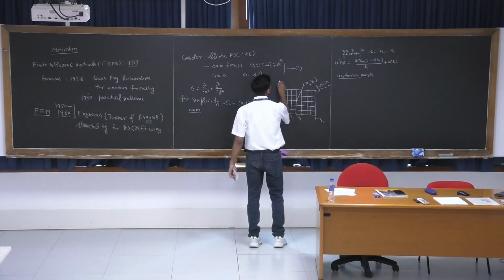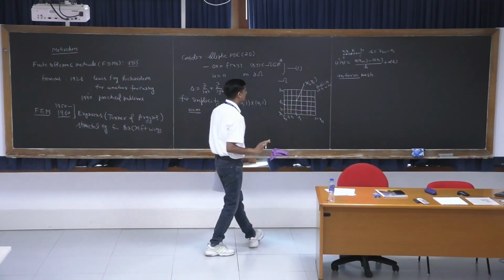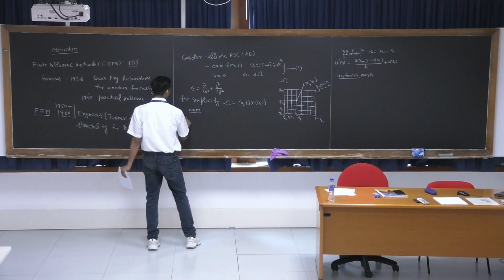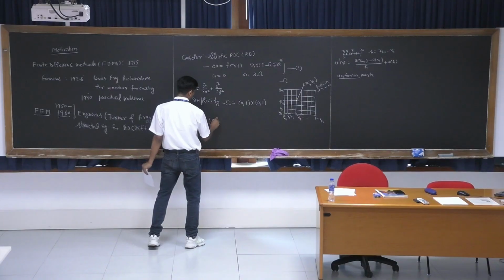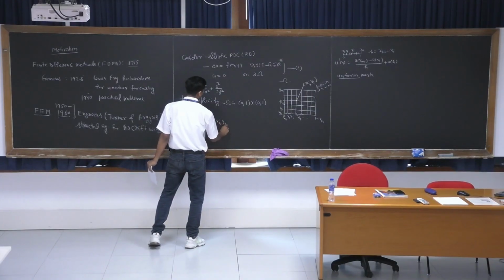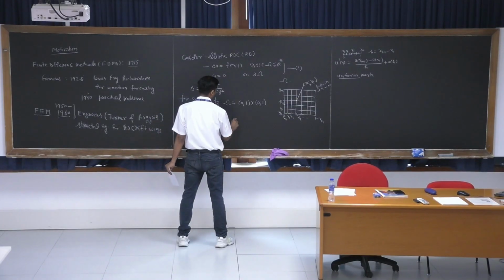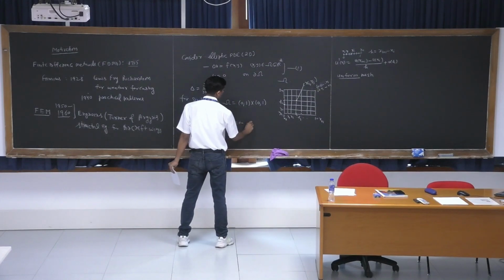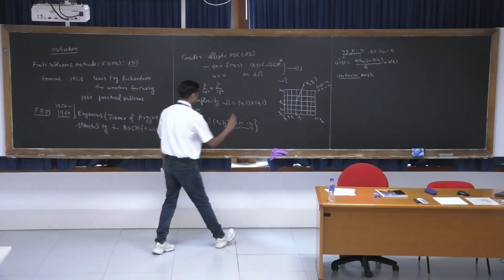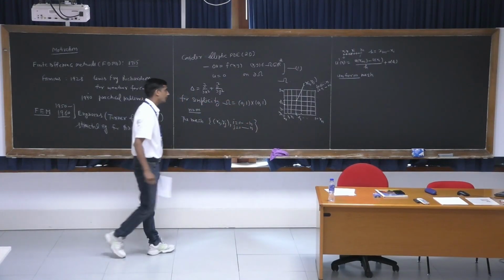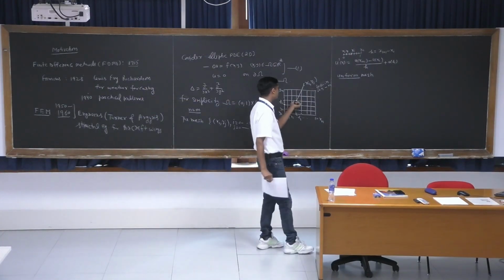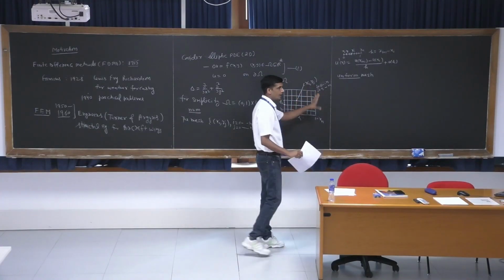This was our domain, and we discretize it into mesh points. The mesh is xi, yj, i is 0 to n, j is also 0 to n. So this is our mesh now. This is the nodal point xi, yj.